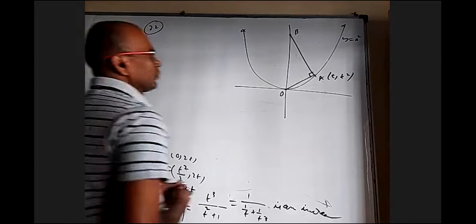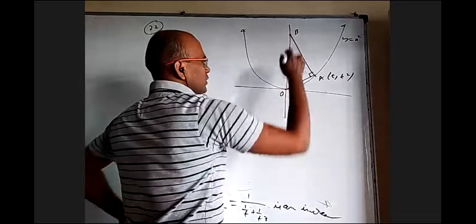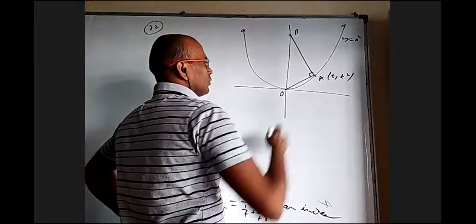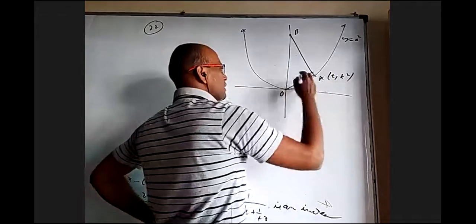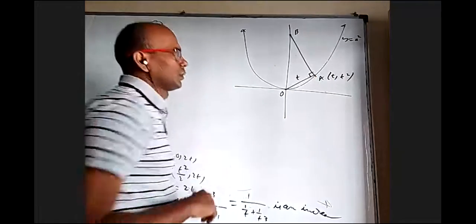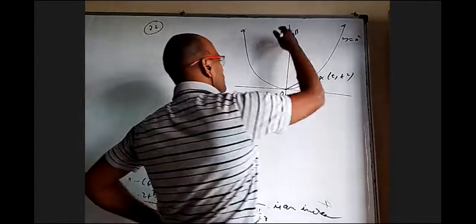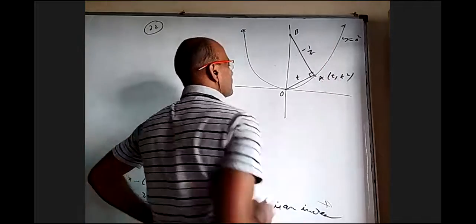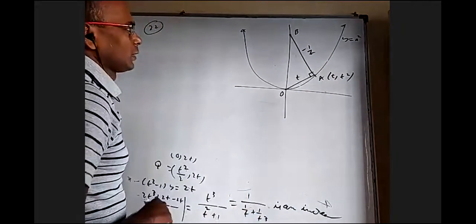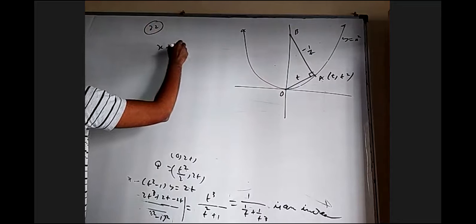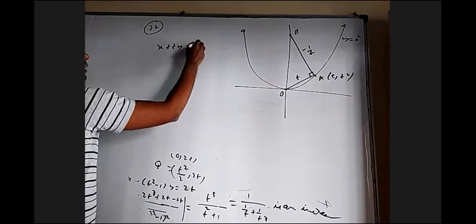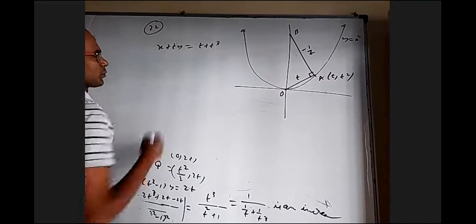So we have to know this point. Just find the equation and find the intercept. That is the slope of this line, t. What is the slope of this line? Minus 1 by t. And what is the equation of this line? x plus ty is equal to t plus t cube.